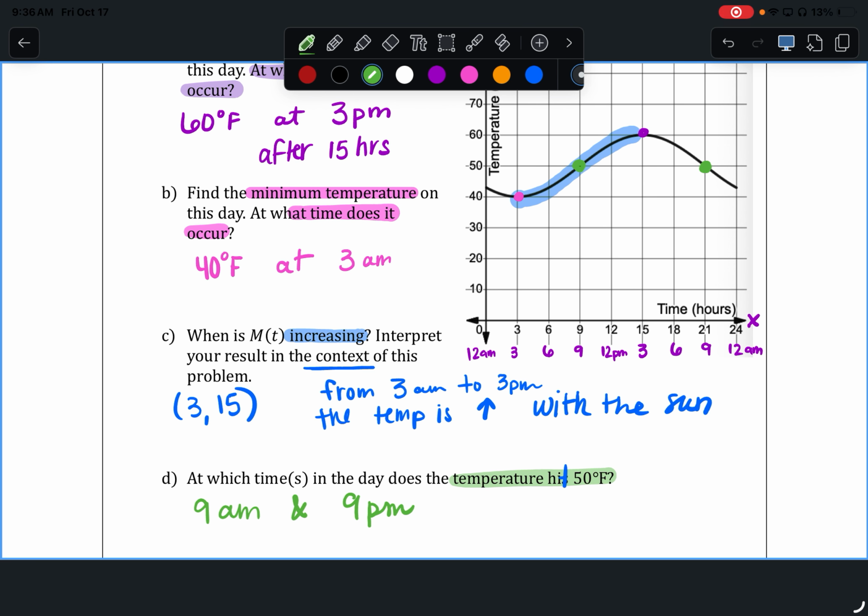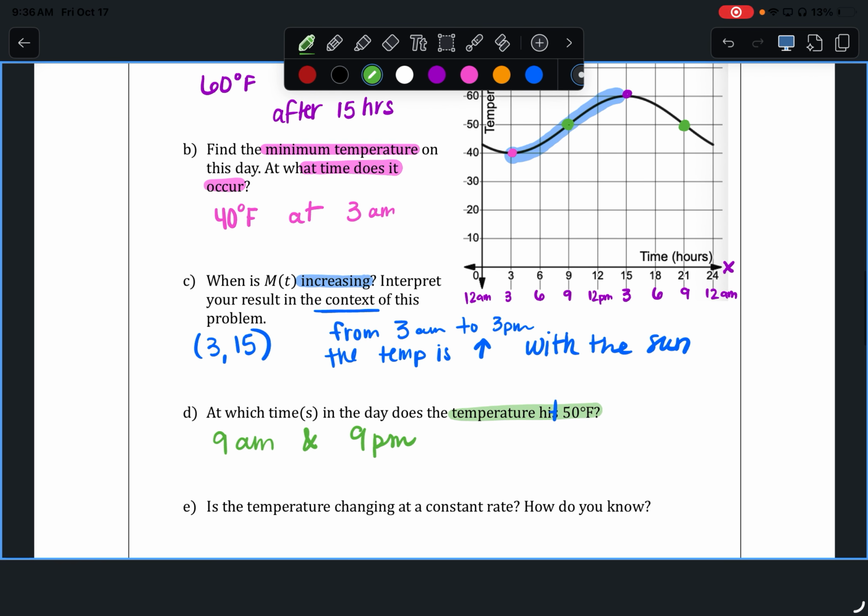All right. Then for E, is the temperature changing at a constant rate? No, it is not. Okay. How do you know that? It's not a straight line. But what is the slope here the same as the slope here?